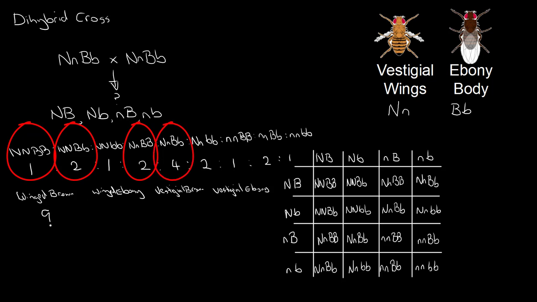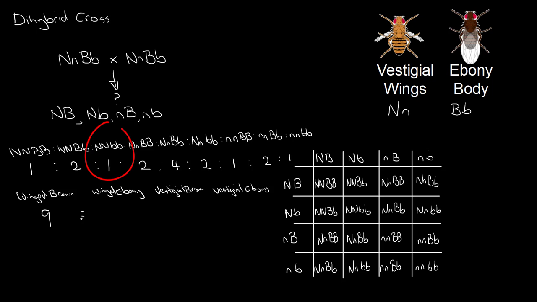So there are 9 winged brown flies. Winged ebony have at least one dominant N, but are homozygous for recessive body colour. And so we have 1 plus 2 is 3 of those flies.